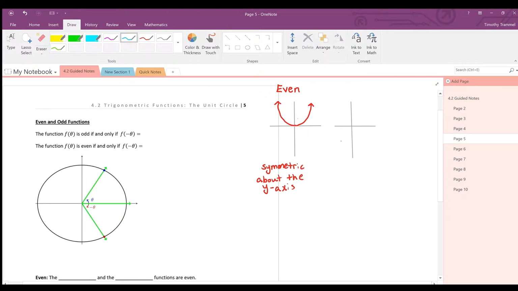And an example of an odd one would actually be a cubic. And here we call this symmetric about the origin.